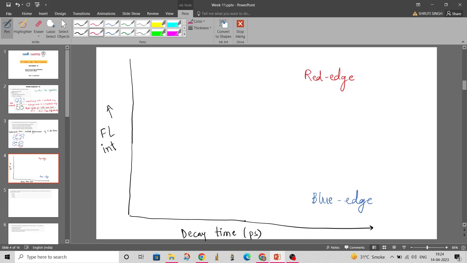So what happened at the red edge, there was a rise, like this. And at the blue edge, there was a decay.